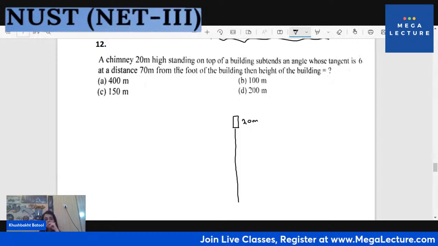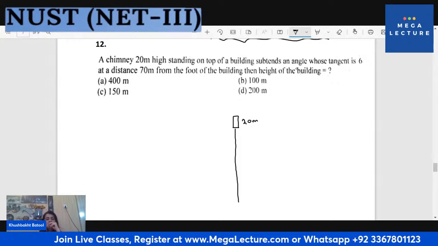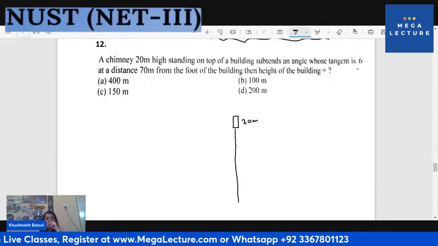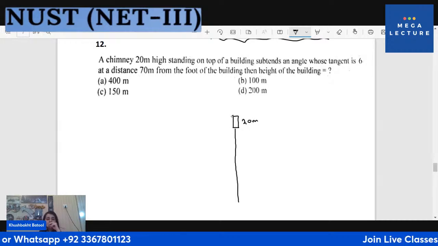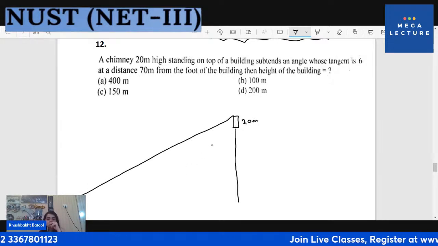A chimney 20 meters high standing on top of a building subtends an angle whose tangent is 6 at a distance 70 meters from the foot of the building.